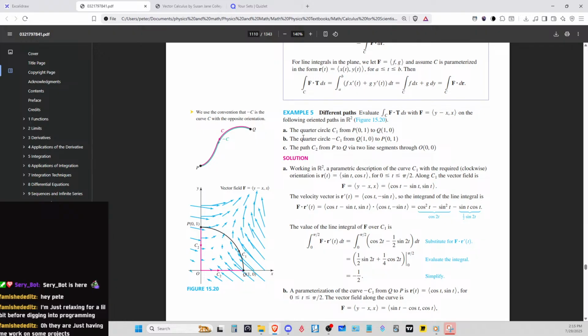Following the orientation, a quarter of the circle. So we have to evaluate this.